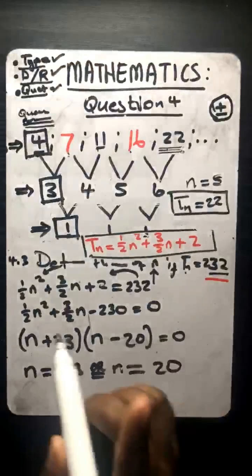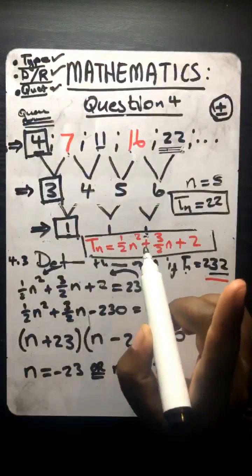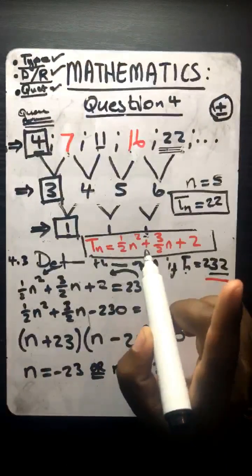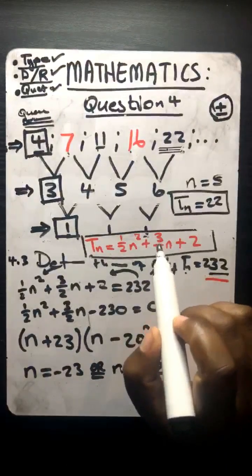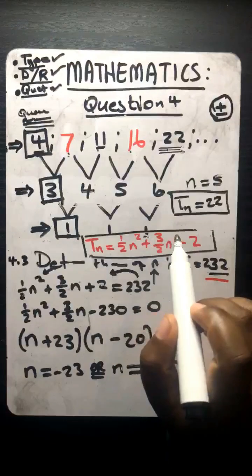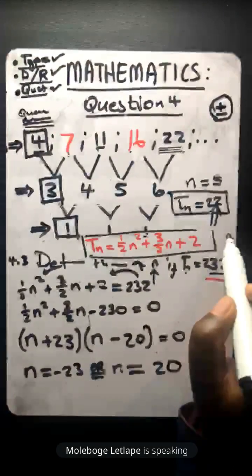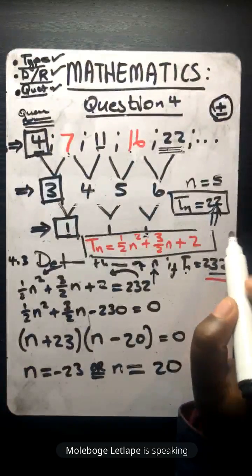Yeah, so you said something and I wanted to quickly interrupt. I think you said, are we looking for the position where the value of that term is 22? Where the value of what we are looking for is 232. That's what I'm asking.